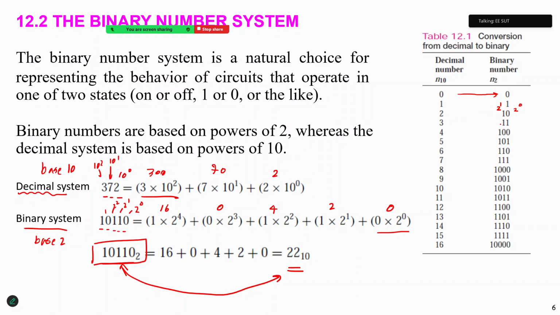And then 2 and 1 would be 3, right? And then 4, this is 2 power 2, 4. 5, 6, 7, 8, 9, 10, until 16, right? We get this value.